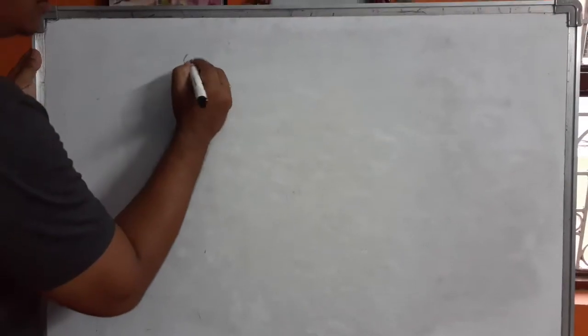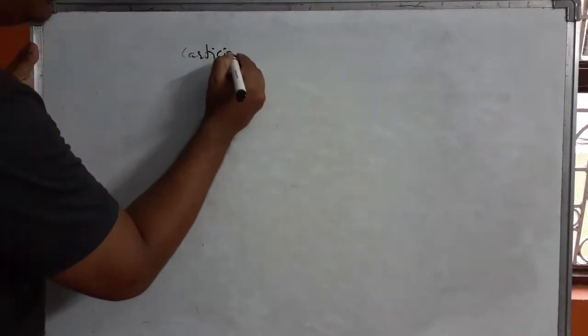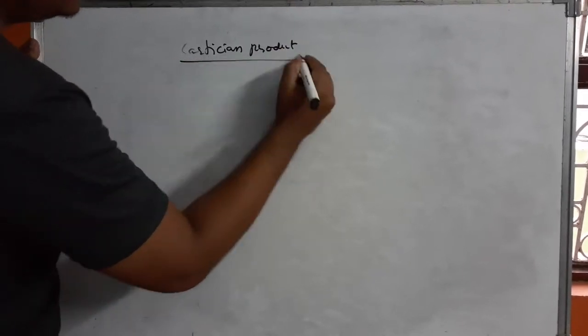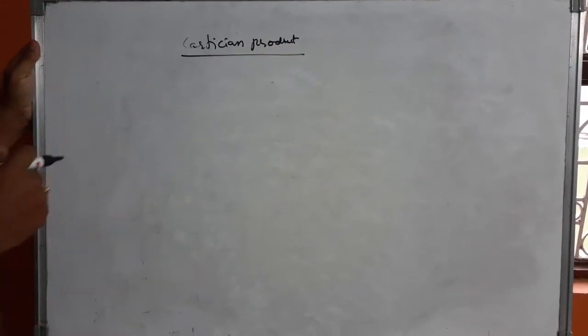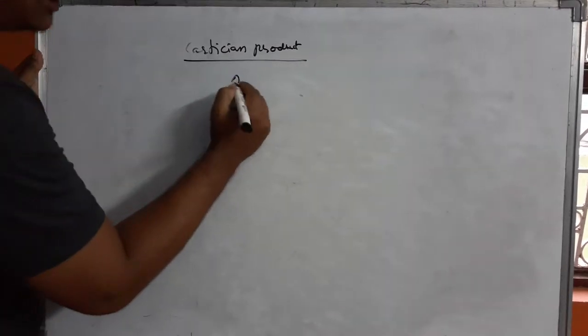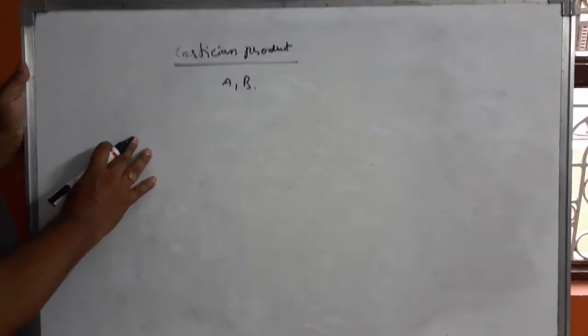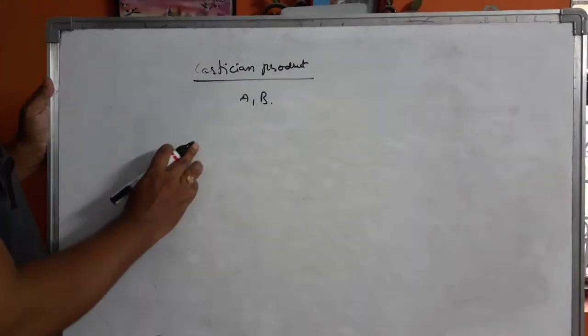Next, Cartesian product. Now I am taking two sets. A and B are two non-empty sets.